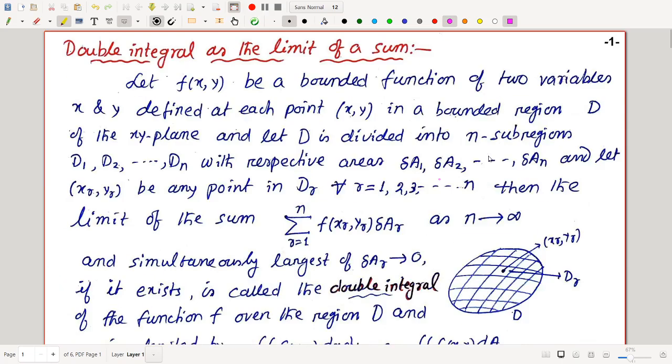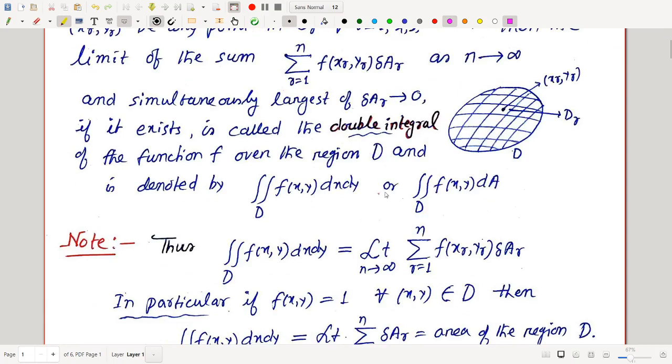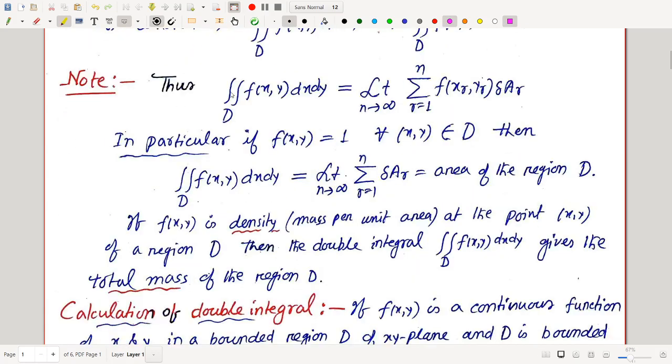So this is the definition of double integral as the limit of a sum over a bounded region for a bounded function. Thus, in the note we write it in short: double integral of f of (x,y) dx dy over the region D is equal to the limit as n tends to infinity of summation f of (xr, yr) delta Ar, r from 1 to n, where of course the largest of delta Ar tends to 0.